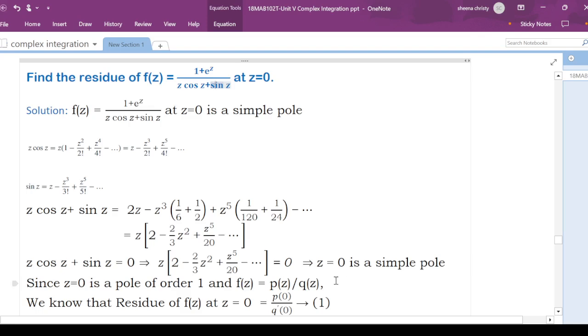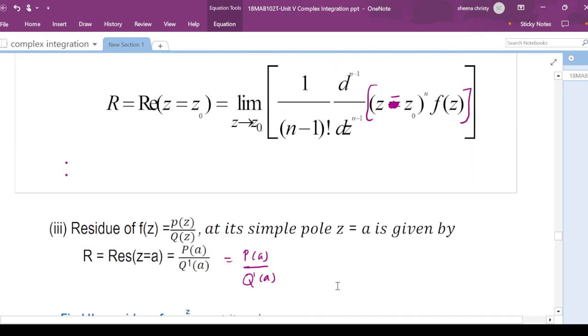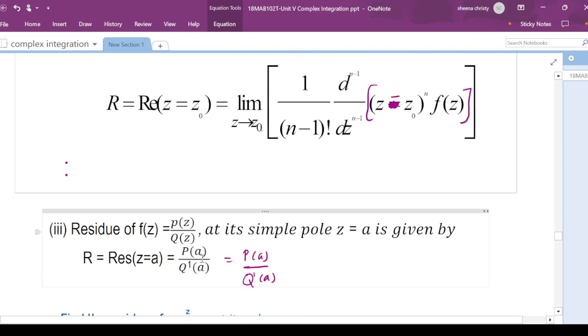And here, the function f of z, we can write in p of z by q of z form, rational form. We know the formula for finding the residue of f of z. If f of z is of rational form and z equal to a is a simple pole, the formula is: just put z equal to a in the numerator and find the derivative of the denominator with respect to z, then put z equal to a there.